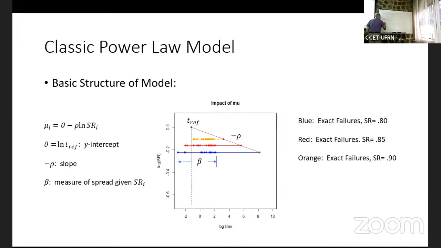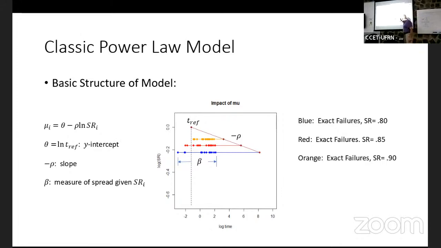We had the mu sub i. So theta is just the log time associated with a stress ratio of 0. A stress ratio of 1, which would be log of 1, would be 0. Okay, that's what it is. It literally is a Y-intercept term.